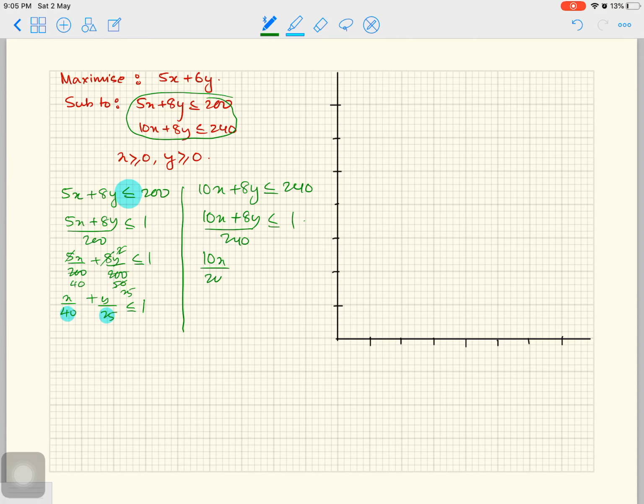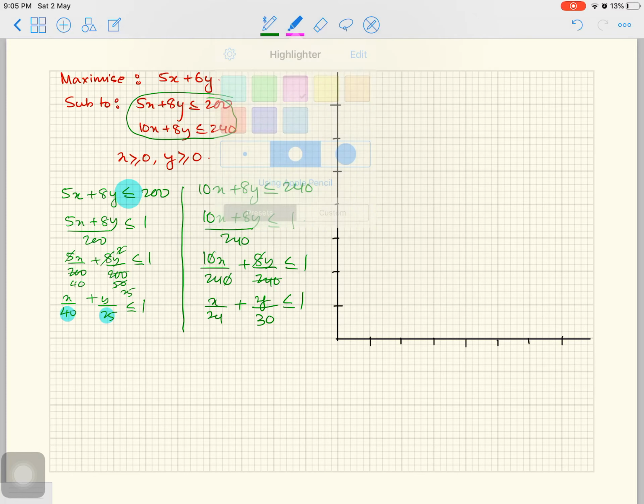Distributing, 10x by 240 plus 8y by 240 is less than or equal to 1. The zeros cancel, so that's x by 24 plus y by 30. Here I have the x and y intercepts. I'll put this in a different color, the purple one for the second equation.